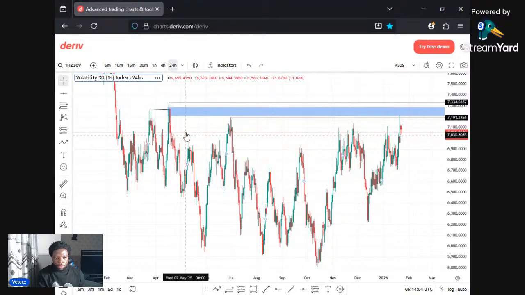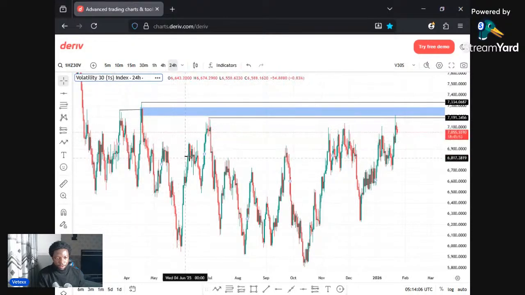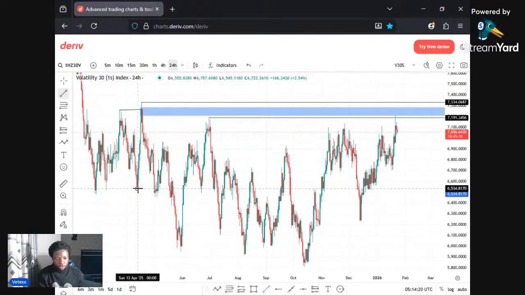So first of all, we have this on the 24-hour time frame, a sweep of liquidity here. We have price retrace 50%. We have price retrace to break the newly created low to give us our first break of structure, which was this yesterday.